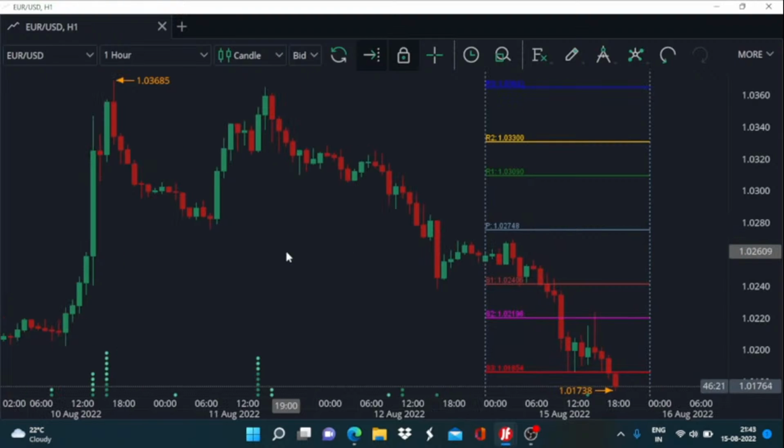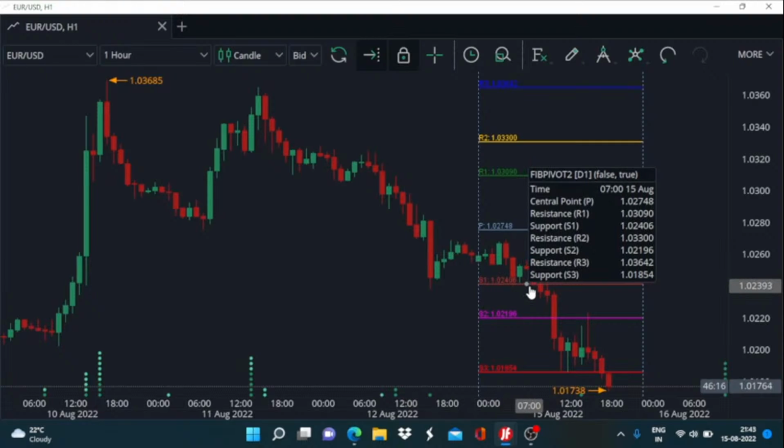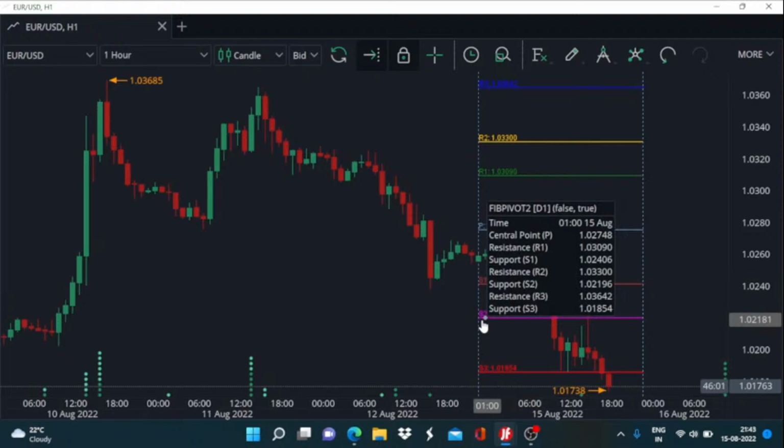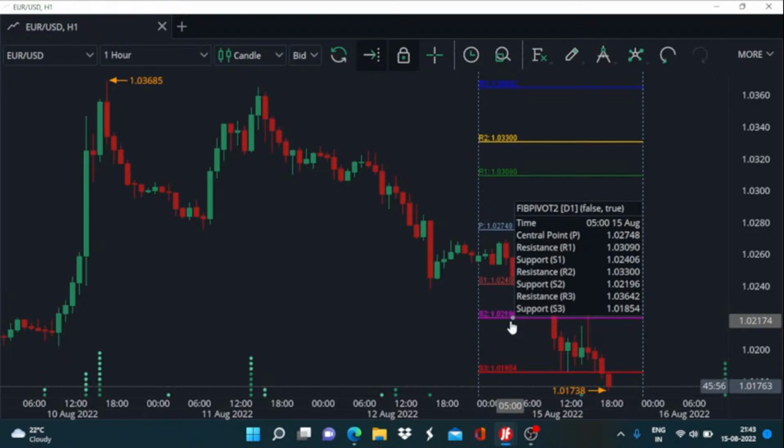Okay, the point being that this is the key level, and we arrive at this first support by simply taking into consideration the central point and then deducting from it the difference of high low multiplied with 0.382, which is the first Fibonacci level, and this second support is arrived at by deducting the difference of high low multiplied by 0.618.